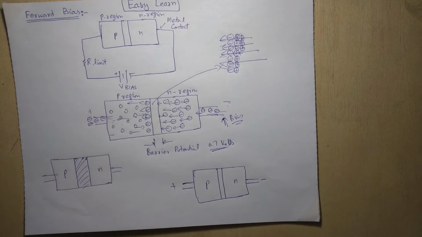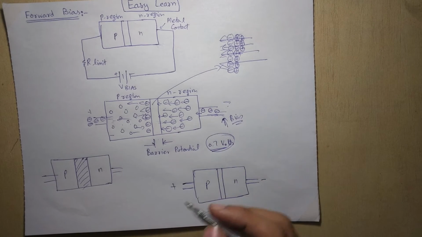One more thing I want to explain is the effect of the barrier potential during forward bias. Barrier potential, this is the depletion region. As you know, this is the 0.7 volt energy hill.